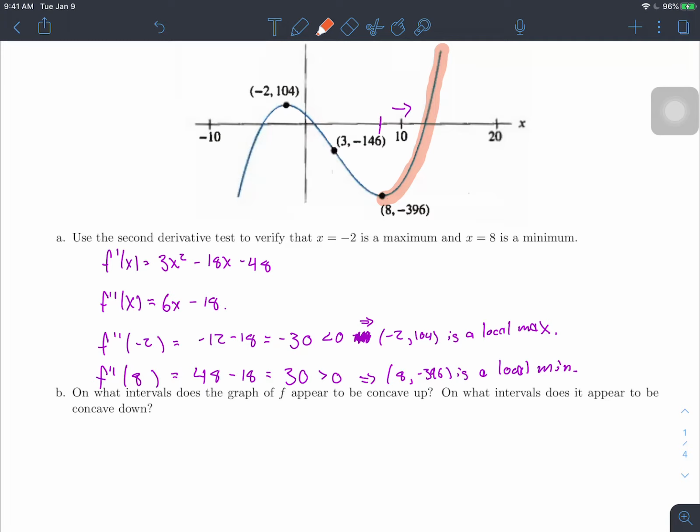Yeah, so the concave upness sort of extends all the way until we hit this point 3. How about this section here? What do we think? Concave up? No, concave down. Okay, so this is the extent of where we are concave up.